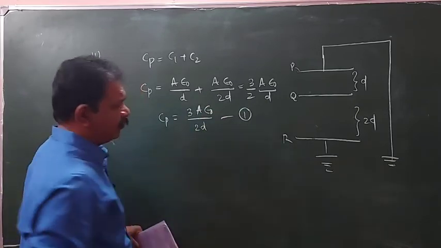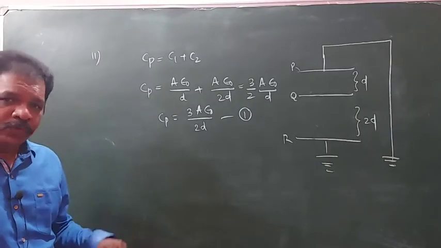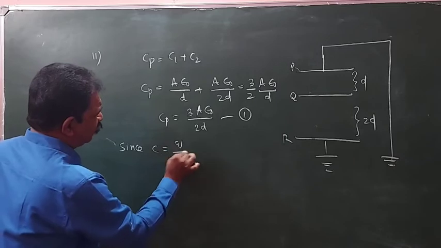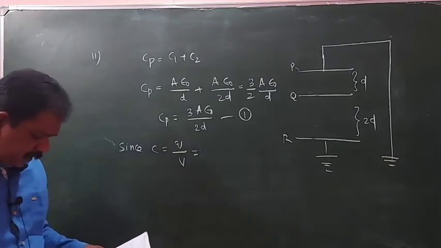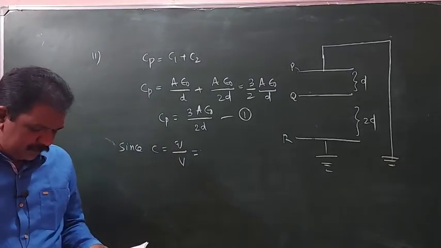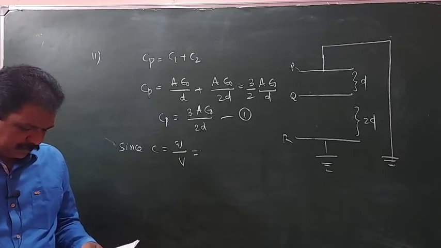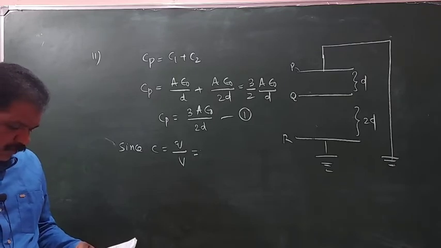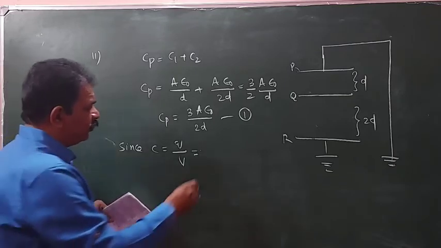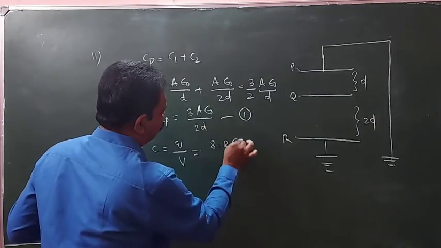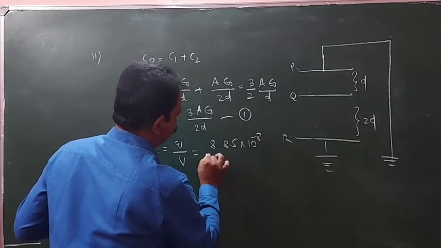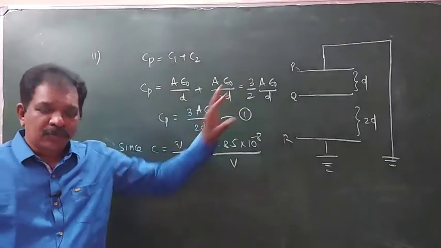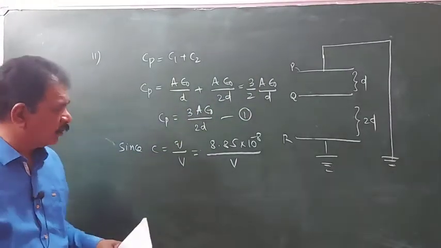Let it be 1. Actually, C is equal to Q by V. Since C is equal to Q by V, here Q value they gave is 8.85 into 10 power minus 8. V how much? Parallel, so potential difference will be the same only.